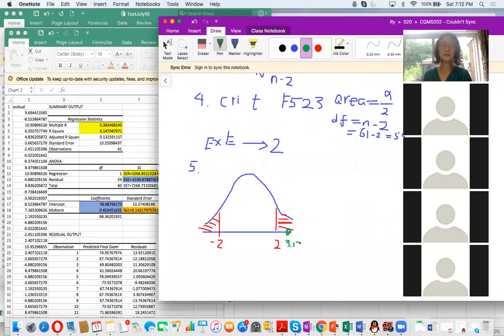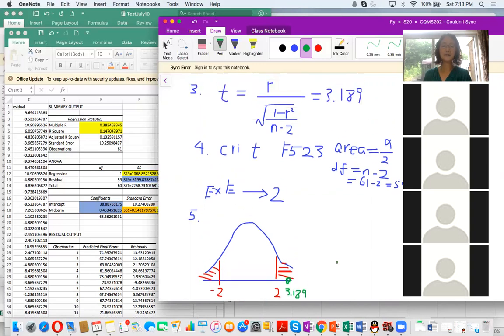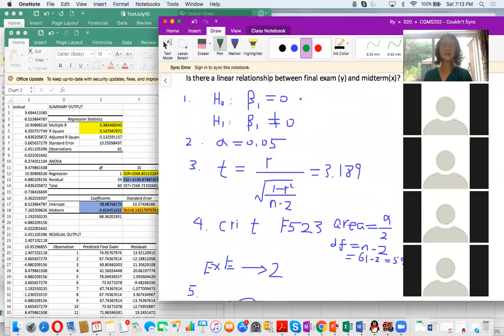Obviously, the test statistic is in the rejection region, so you reject H0. Take a look at what H0 is. So you reject H0 in favor of H1. Beta 1 not equal to 0 means there is a linear relationship between X and Y.